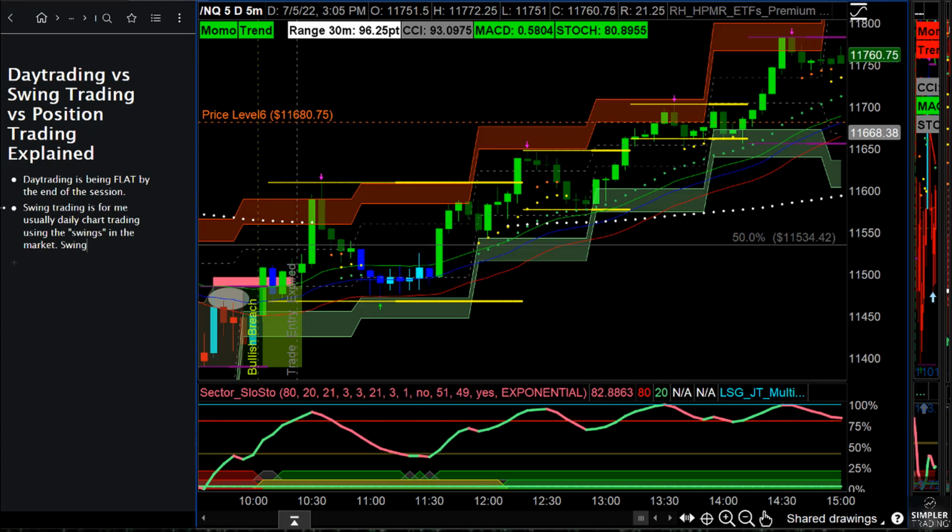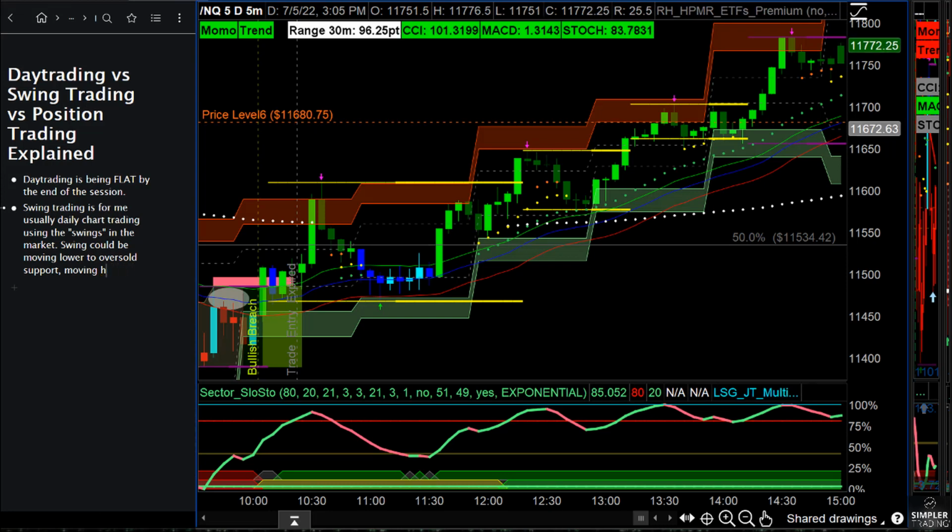Now, that swing could be moving lower to oversold support, right? That swing could be moving higher to a mean reversion, right? A retracement in a downtrend.